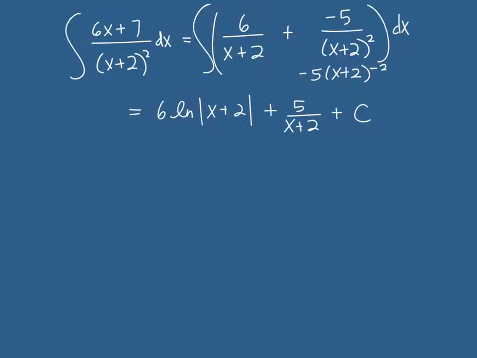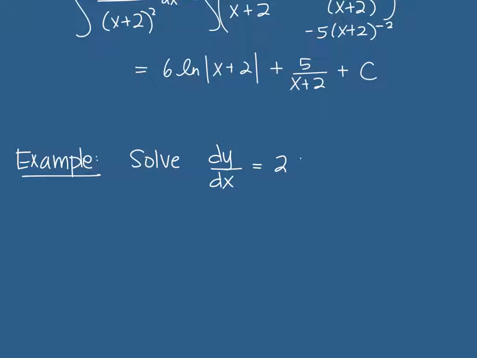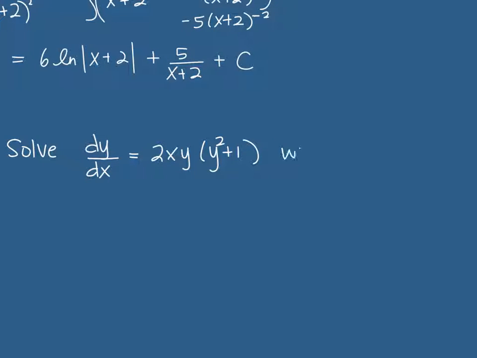Okay, the last one I want to show you, another algebra thing. Okay, solve dy dx equals 2x times y squared plus 1, with initial condition of 0, 1.